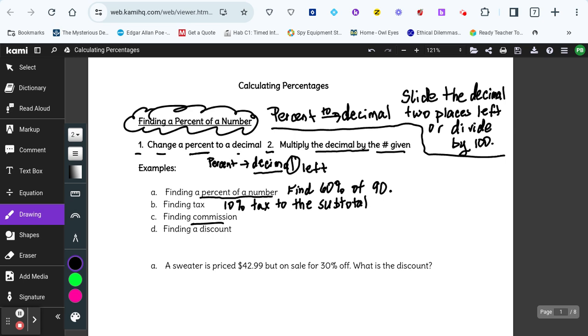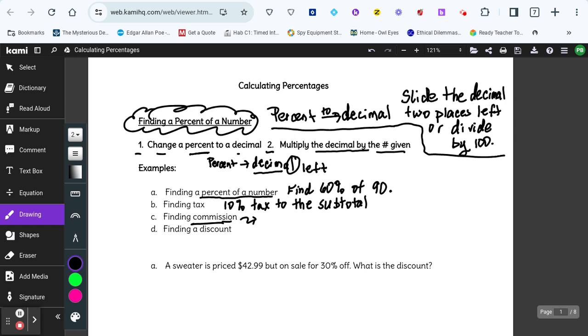Or commission. Real estate agents or people who sell cars collect commission. Commission is basically when you earn a percentage for every dollar of sales that you sell.